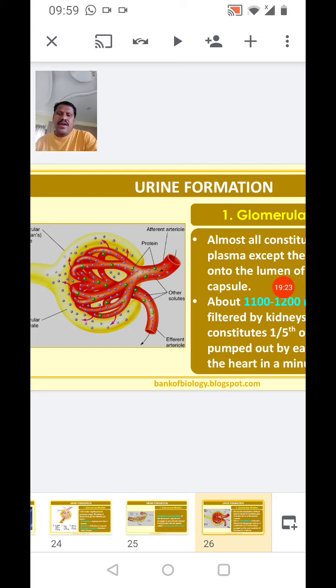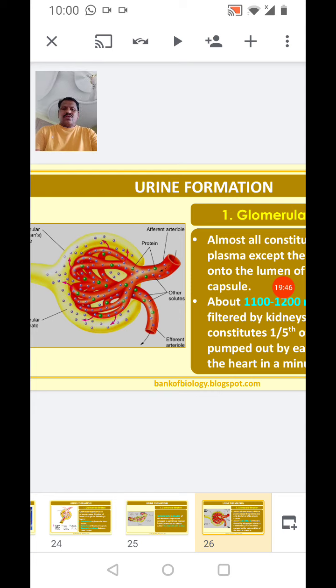An example is creatinine. So the contents of primary urine are divided into high threshold, low threshold and a-threshold. These are important for 2 mark questions.